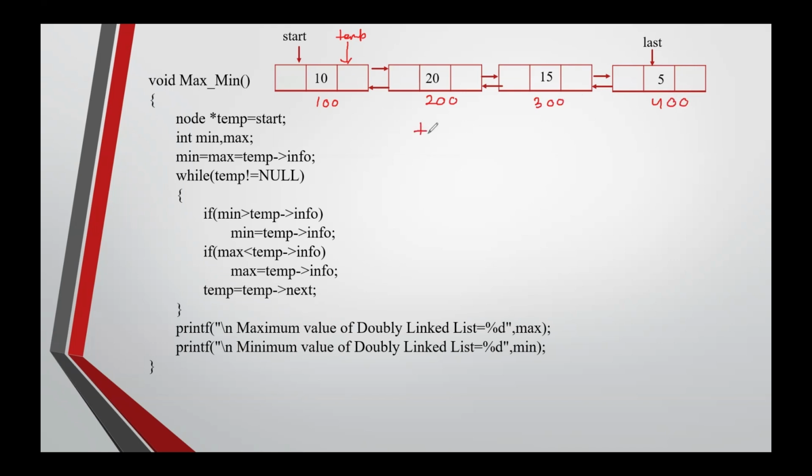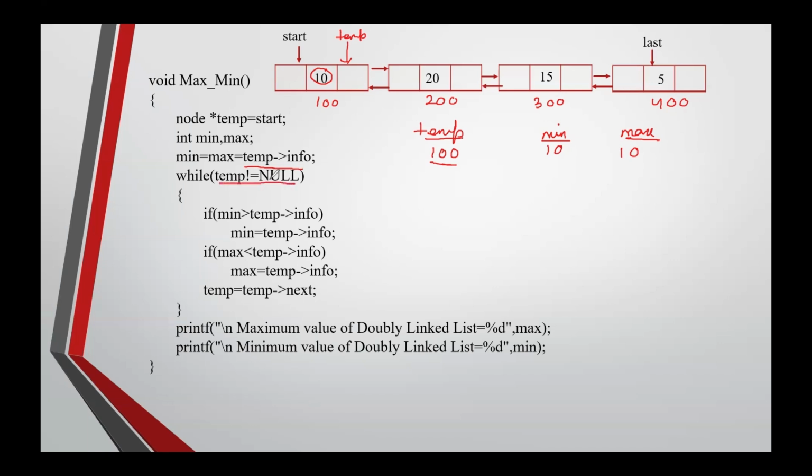Now temp stores 100. Then min = max = temp info. Min is one variable, max is another variable. They store temp info. What is temp? 100. 100 info is 10. So min as well as max store the value 10.